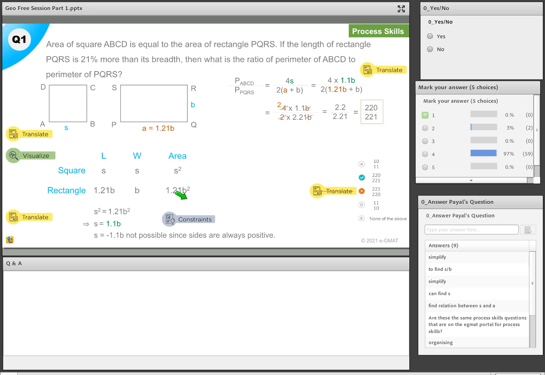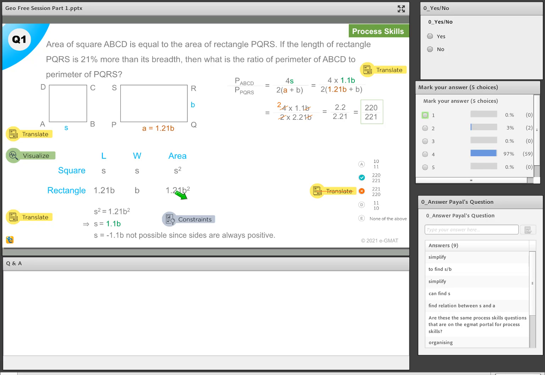Each and every variable here, S and A, can be expressed in terms of B. How many of you were able to identify that? That the variables S and A can be expressed in terms of B. Good. A number of you were able to identify that, and then you put in the information, you cancel out B, you do the calculation, and what you get is 220 divided by 221.